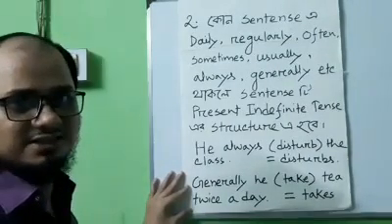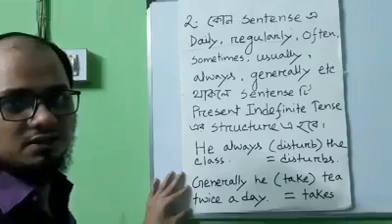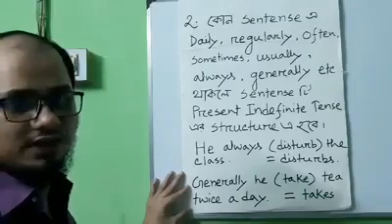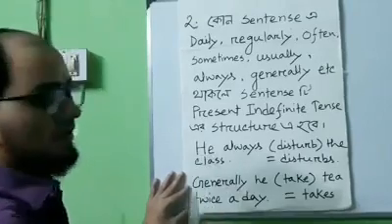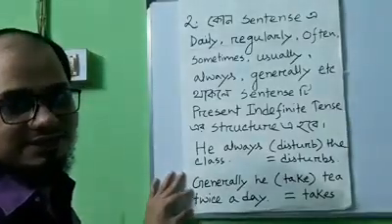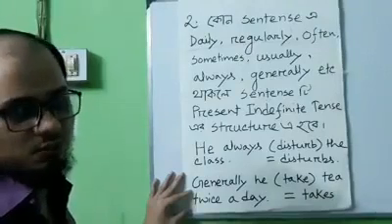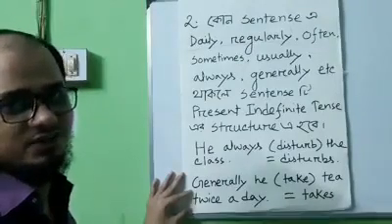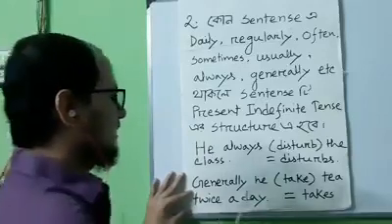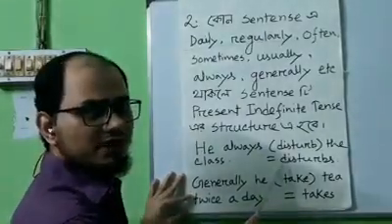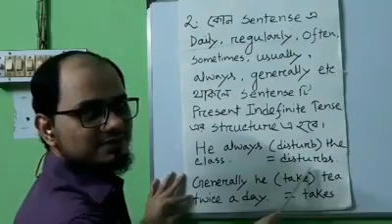As the sentence structure will be present indefinite tense structure, we must look at the subject, and we have seen that the subject is he. As the subject is third person and singular number, we must add s or es. Then the correct form of verb will be disturbs.